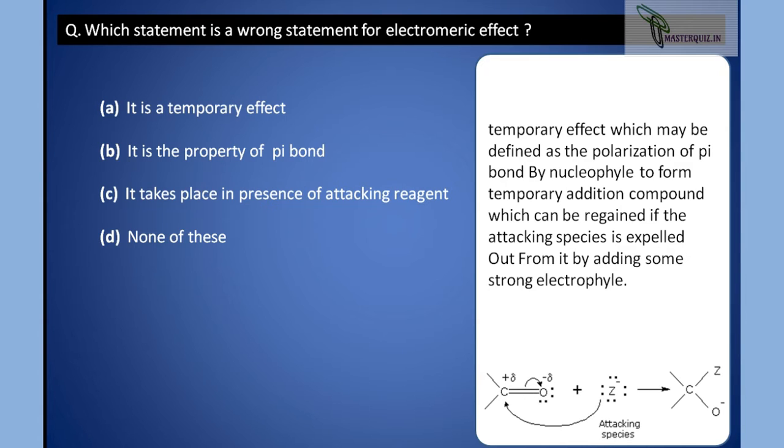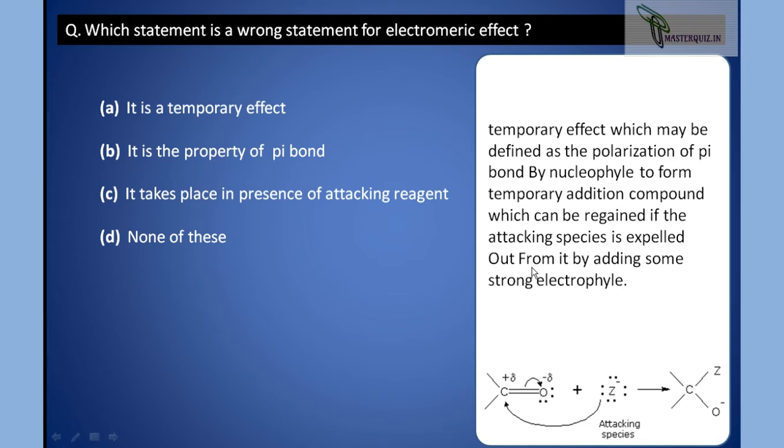Instead of that, this nucleophile reacts with this carbon and it gives a temporary product. And when this nucleophile is not there, or when an electrophile attacks on that, then the product will remain changed as the original product.